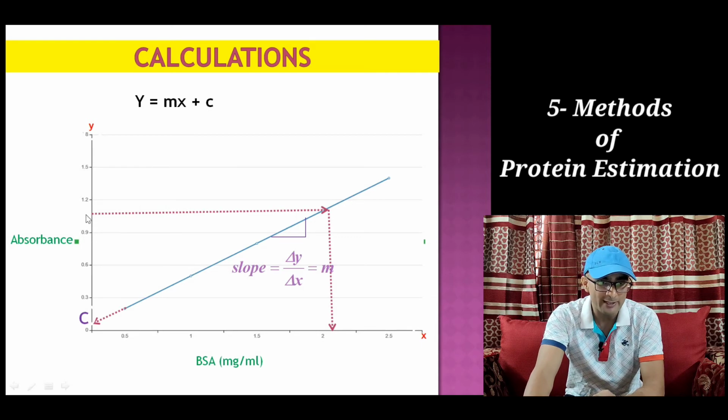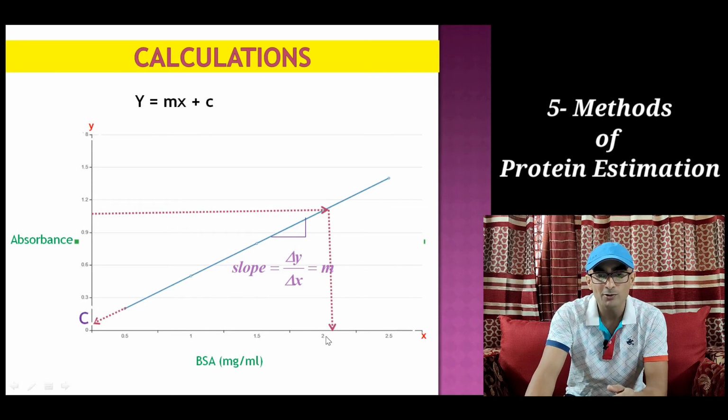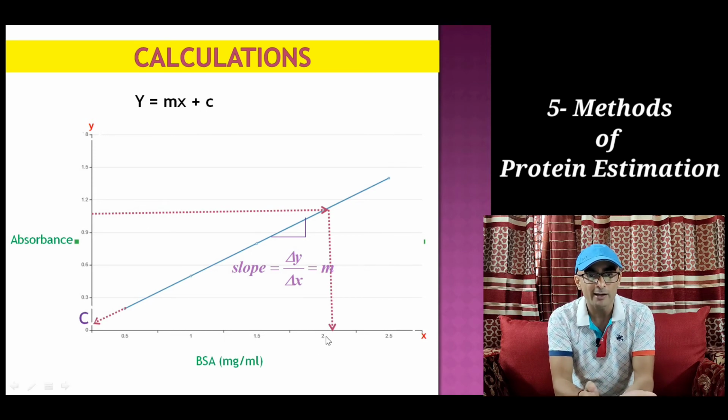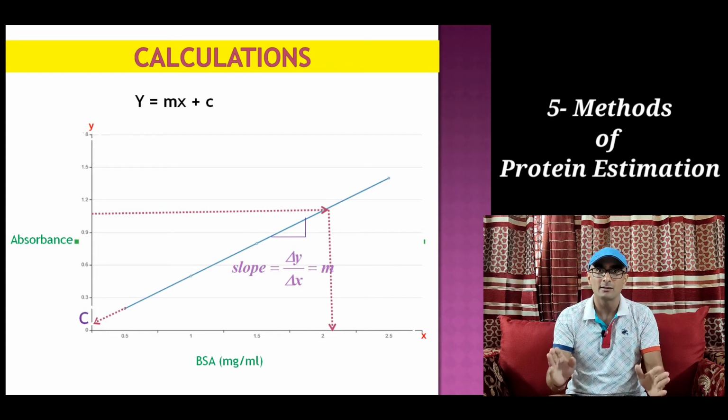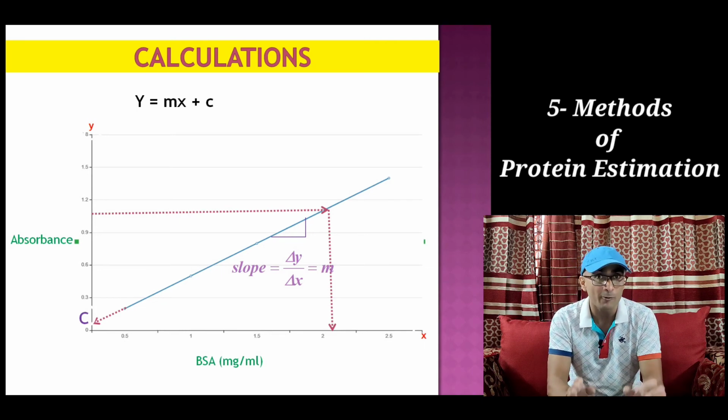Y is your absorbance on the y-axis. So from y = mx + c, you can calculate the value of x, which is actually the concentration of your sample. That's how, using a standard graph, you can calculate the concentration of proteins or any other compound which you want to estimate if you have a standard curve for a known sample available.